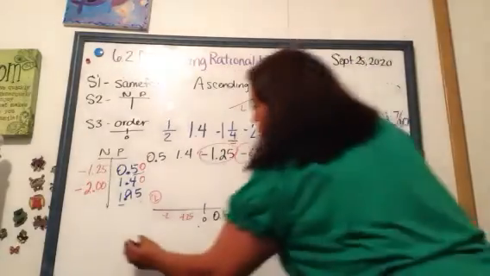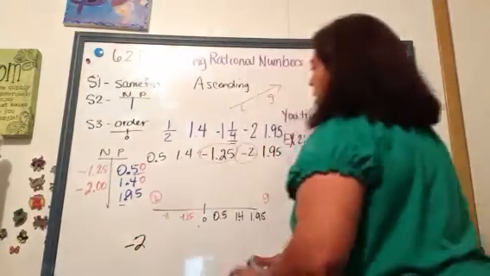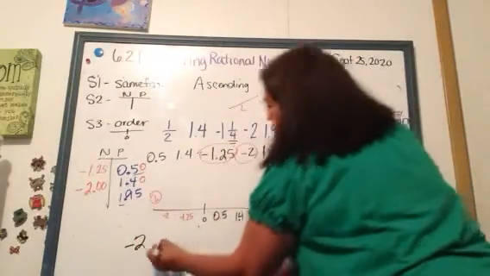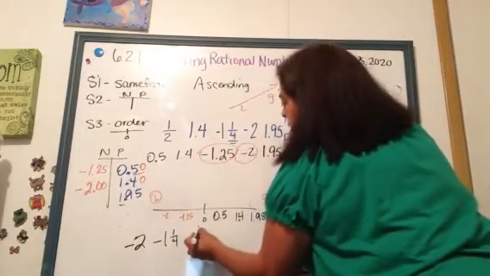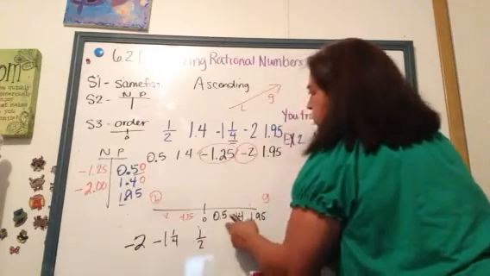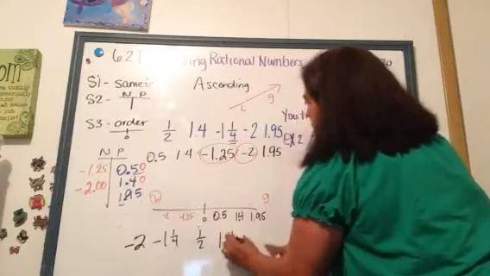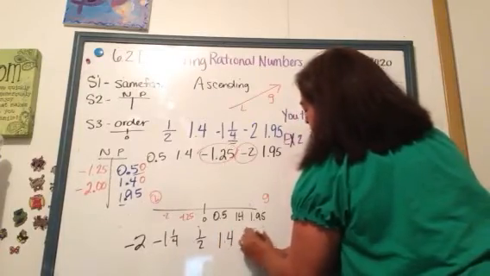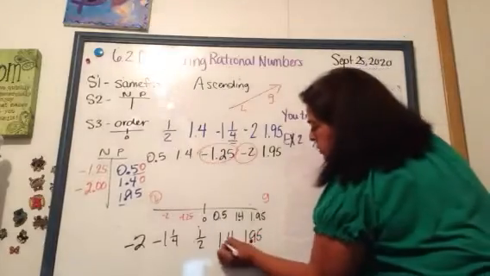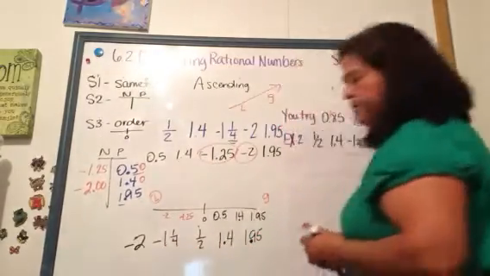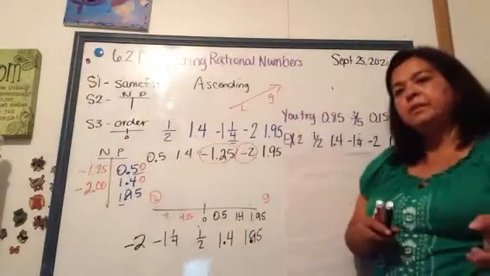So when I write these, I'm going to write them in their original form. I have -2. 1.25 hundredths was -1 1/4. I have 1/2, 1 4/10, and 1 95 hundredths. These are my decimals. Make sure that you can see them. Oh! Did somebody say something?